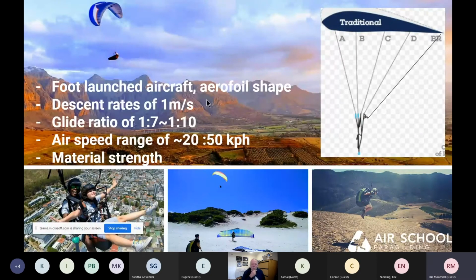So these are well-designed craft. They're designed and tested according to European norm standards. We've come a long way since the early pioneering days of the 80s and 90s, and it's a full-on form of aviation, and very accessible to us all.